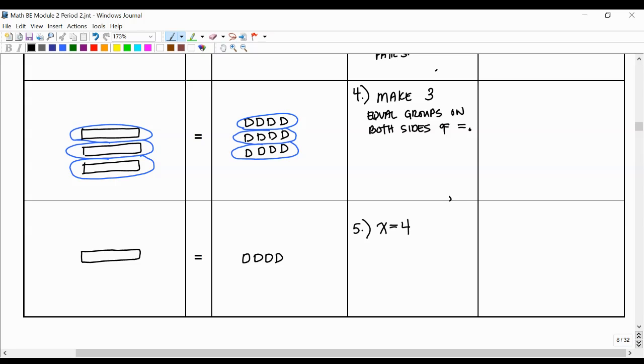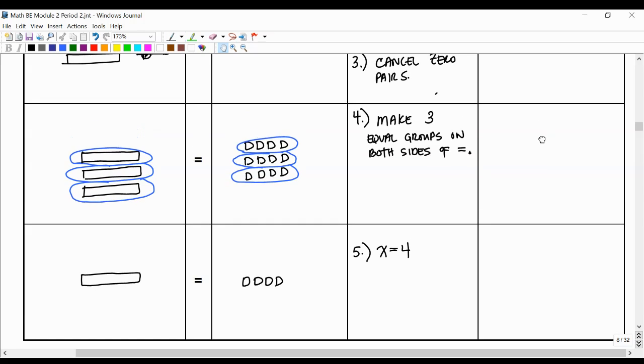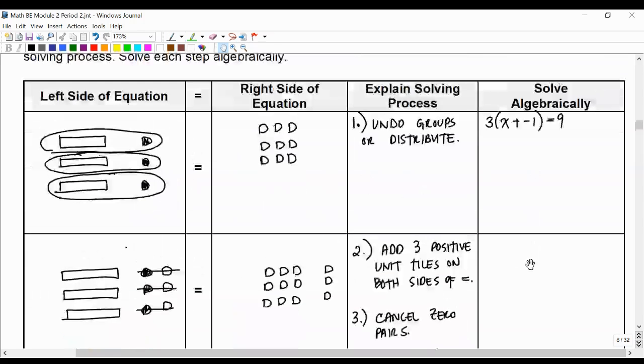Now we're going to go back to the top, where you're going to pause if you're not ready, and we're going to do the algebraic way, which is the same way, although it might feel different at times. And I'm going to draw in my boundary line here. All right, so step 1 was we distributed or undid our groups, and we had 3x plus 3 times -1 is -3 equals 9.